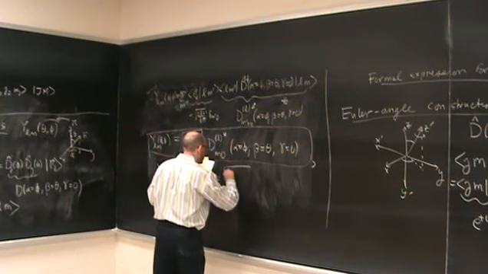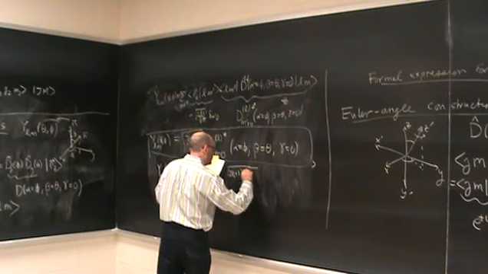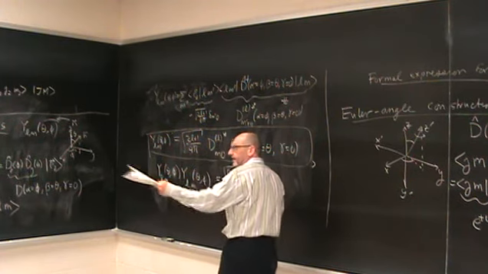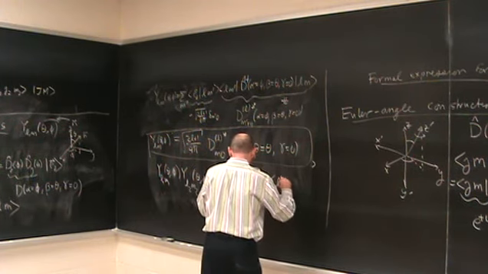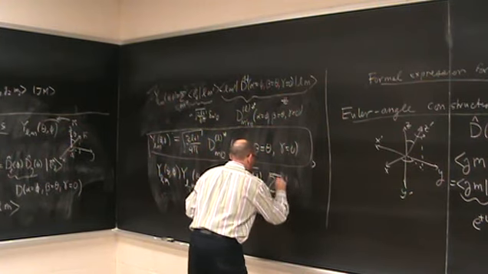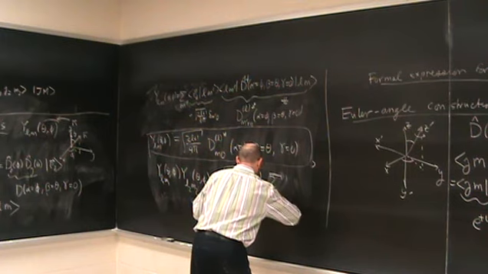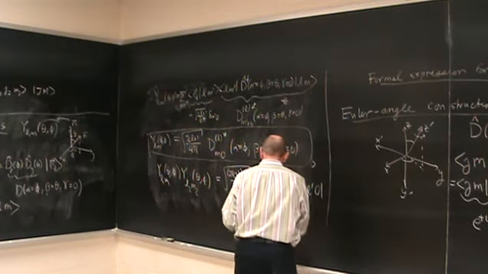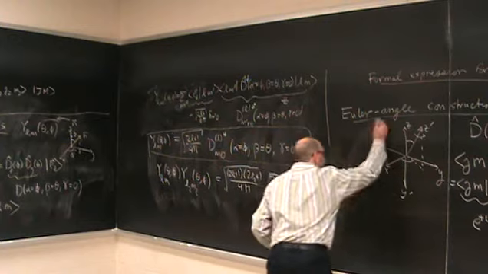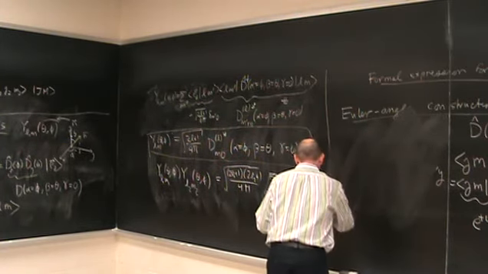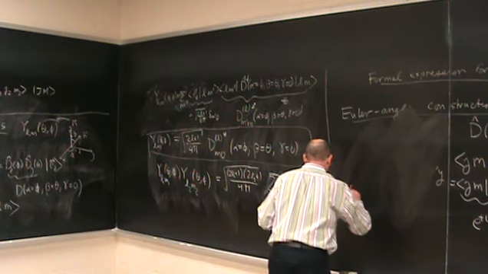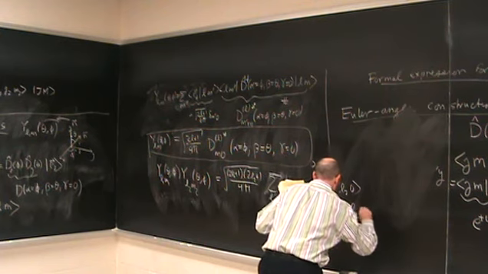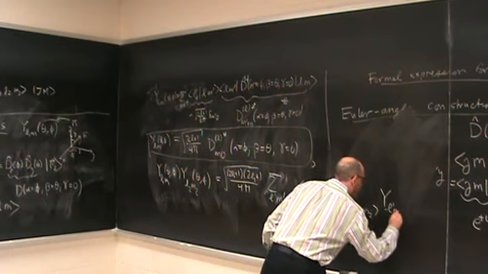This is equal to the square root of (2L1 plus 1)(2L2 plus 1) over 4 pi, times that Clebsch-Gordan series, sum over L prime M prime, with <L prime 0|L1 0 L2 0> <L prime M prime|L1 M1 L2 M2> Y_L'M' of theta and phi.